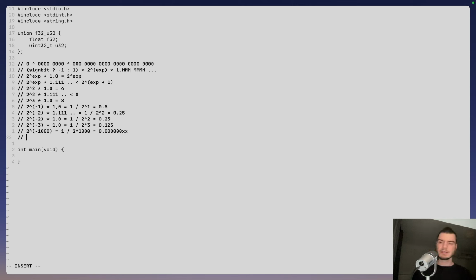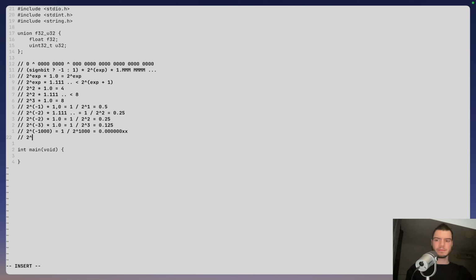Well, it turns out that the floating point format has a special exponent value where our mantissa is interpreted in a different way. And that special exponent value is when all the bits are set to 0. We're going to get to how the bit representation of the exponent actually relates to the number in just a second. But for this special exponent value, we have a different rule.